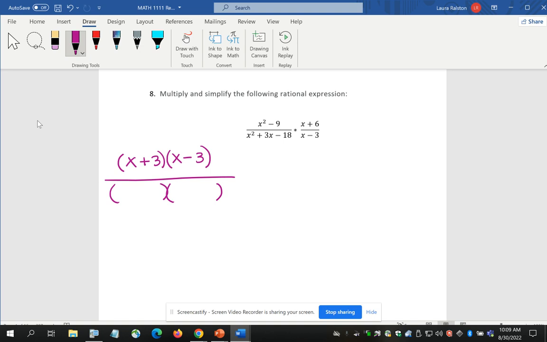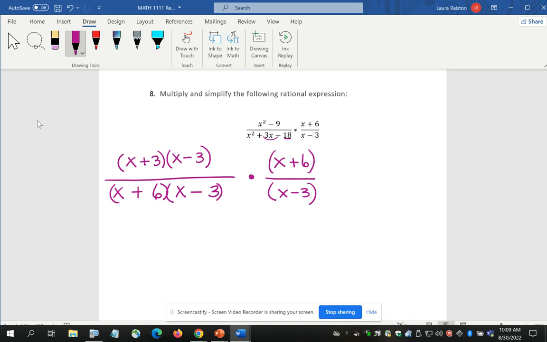I need a pair of numbers that multiply to 18 but will subtract to 3. So I believe that gives me 6 and 3. And I need a plus 6 and a minus 3 times x plus 6 does not factor, and x minus 3 does not factor.